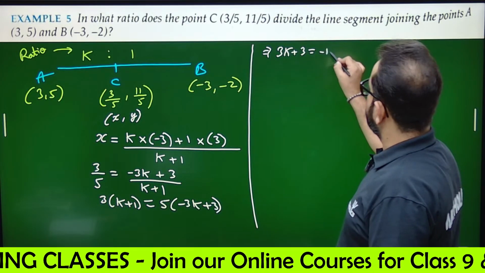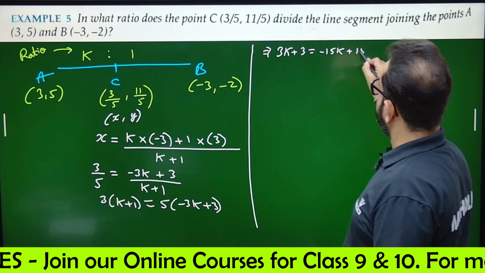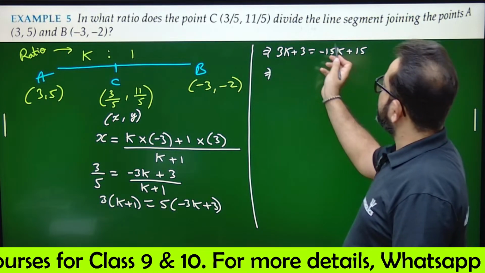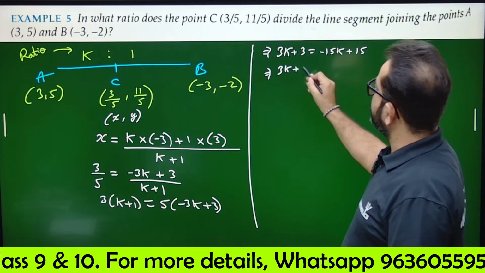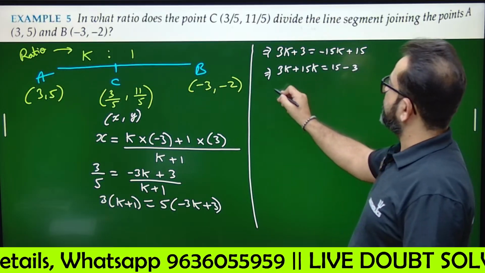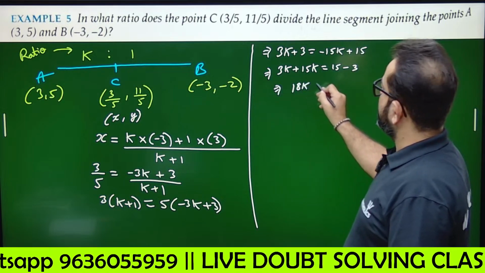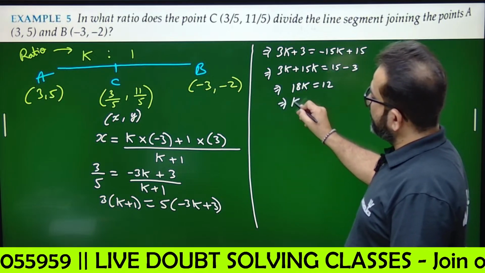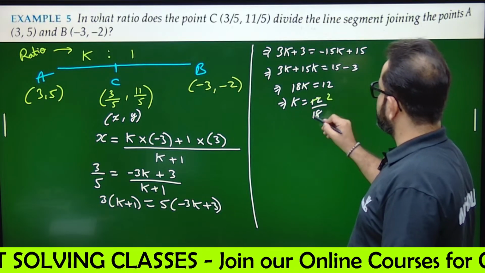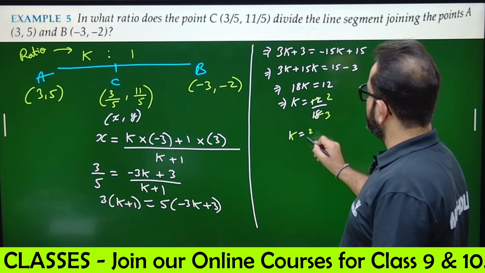Yes or no? So minus 15k goes to the left: 3k plus 15k equals 15. This 3 becomes minus 3 on the right hand side. 18k will be 12, so k equals 12 by 18. Cancel it by 6, 6 2s are 12, 6 3s are 18. So k equals 2 by 3.